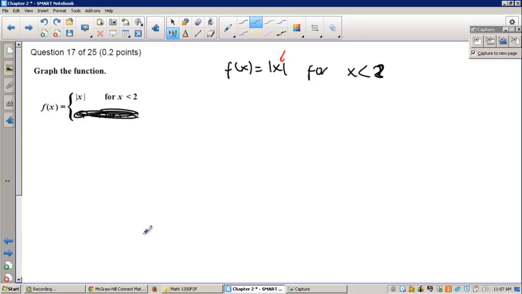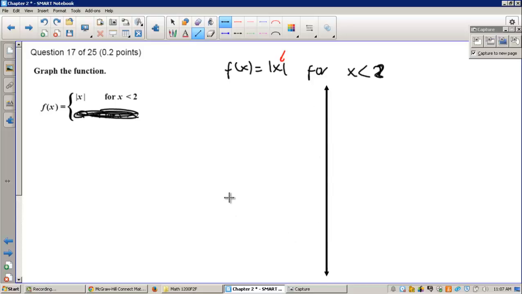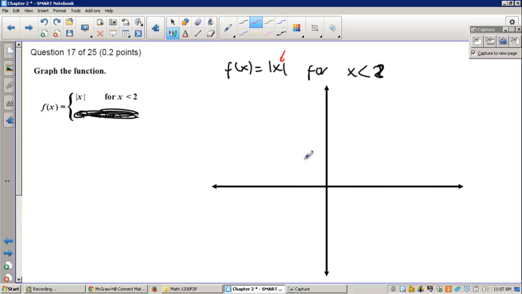What is this one called? Absolute value function. But the important thing is, what does this picture look like? Anyone can describe it to me? What does the absolute value picture look like? You need to know these by heart. Isn't it like a V? It's a V, perfect V, straight edge V.